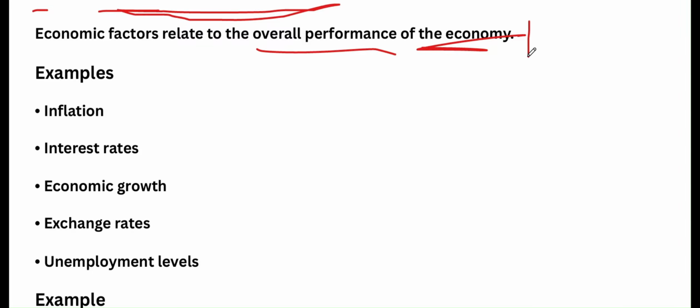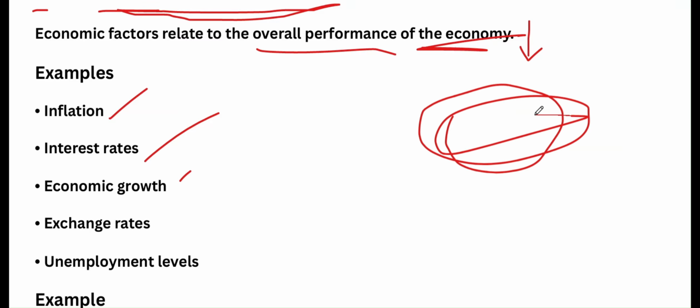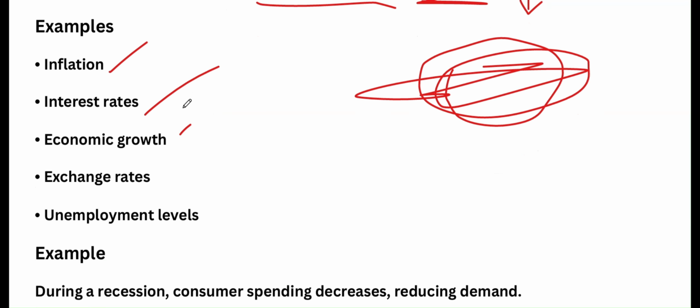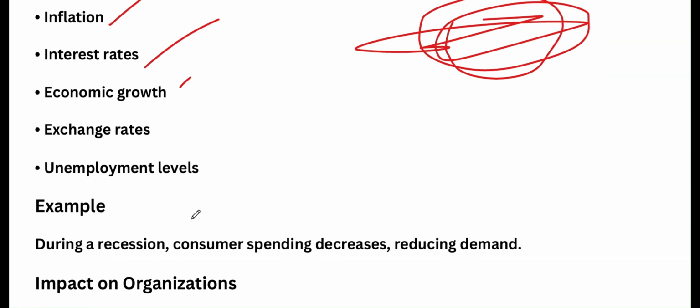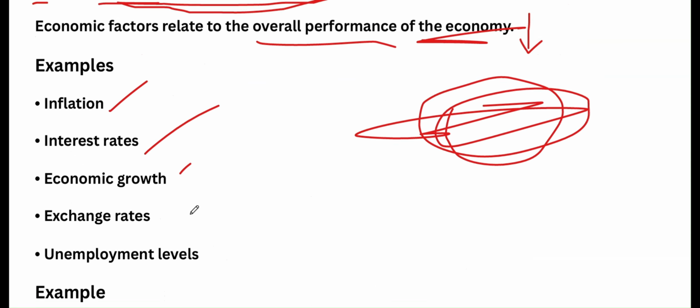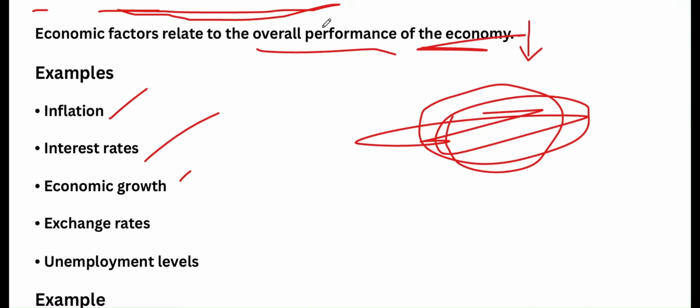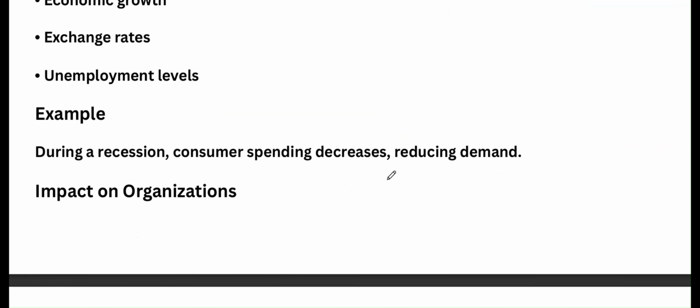If it is performing very badly, like there is a high inflation, high interest rates, and there is a low economic growth, then our organization is going to suffer, right? So inflation, interest rates, economic growth, exchange rates, unemployment levels, these are going to affect the performance of the economy, and in turn performance of the organization.